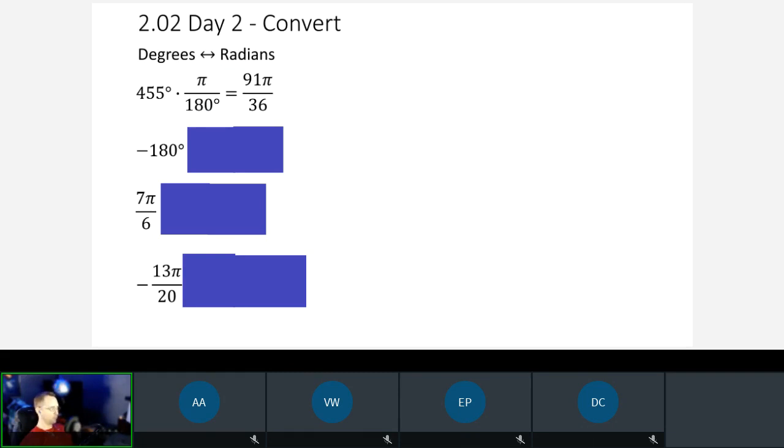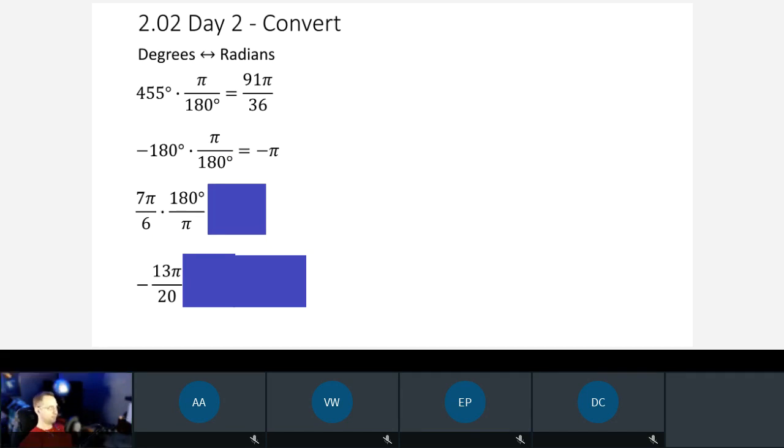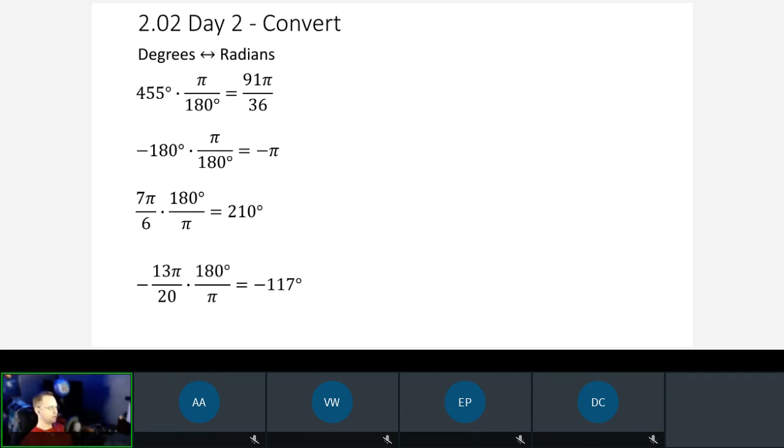Negative 180, multiply that by pi over 180, and we get negative pi. 7 pi over 6. We multiply by 180 over pi this time. And we do that math, and that's how we get 210 degrees. Negative 13 pi over 20 multiplied by 180 over pi, and that's how we get negative 117 degrees.